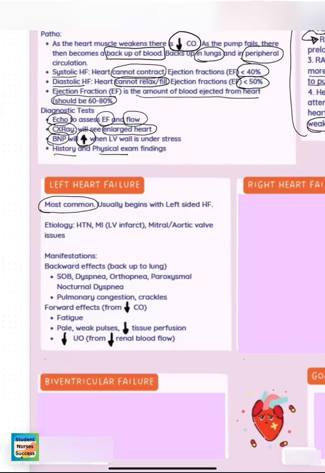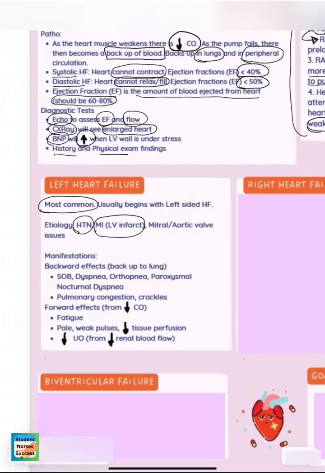Causes of left-sided heart failure tend to be high blood pressure, where again, the left ventricle is unable to pump against this increase in systemic vascular resistance, or this increase in afterload, and therefore it weakens the left ventricle. Another cause is a myocardial infarction, and specifically one that occurs on the left ventricle or in the left coronary artery.